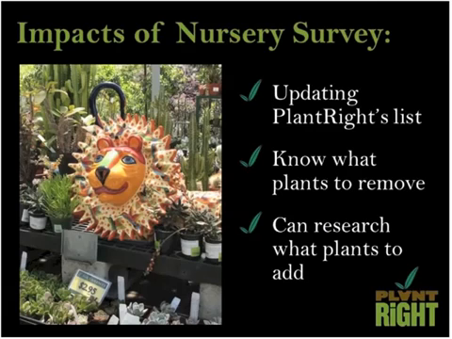So far, our survey has had a very significant and beneficial impact on our project overall. For example, by giving us a concrete sense of what plants continue to be sold through the trade, the survey gives us the information we need to update our list of invasive plants each year and stay up to date. The survey not only informs how we modify our list in terms of removing plants that are no longer sold or relevant to the industry, but it also gives us a way to research plants as we're thinking about adding them to our list.